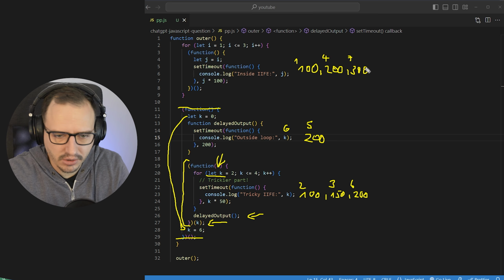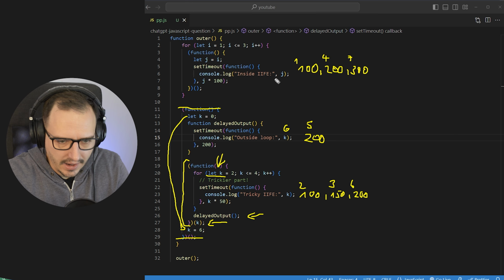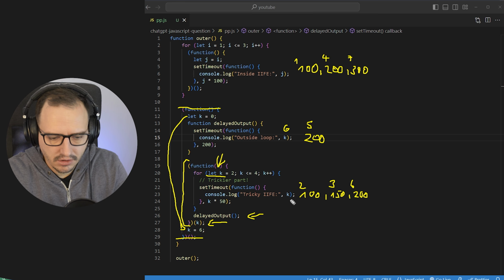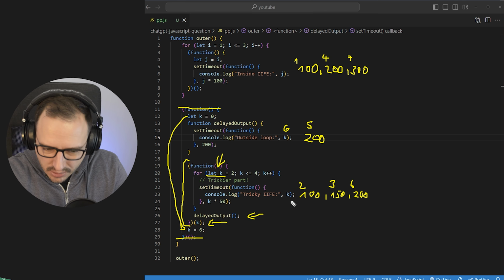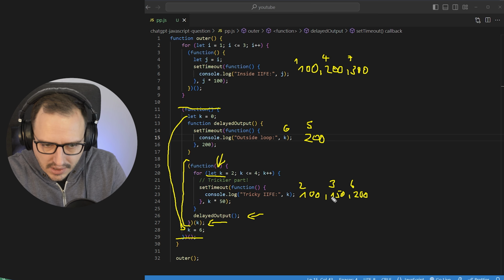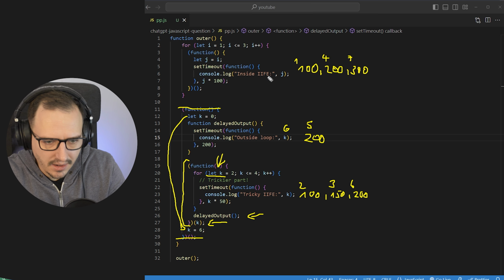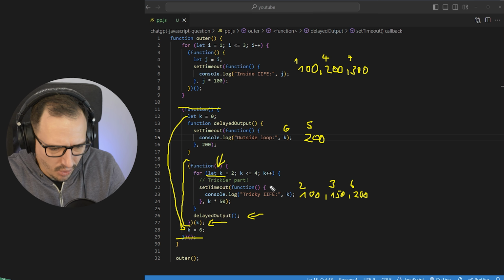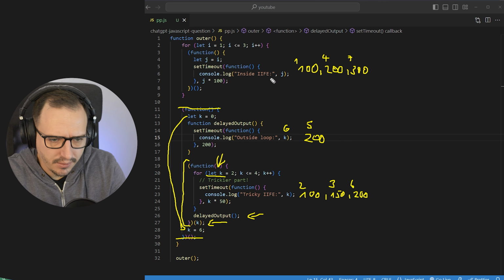Let's take a mental picture of what's gonna happen. So inside IIFE 1, tricky IIFE 2, tricky IIFE 3, then inside IIFE 2, outside loop 6, tricky IIFE 4, and then inside IIFE 3.